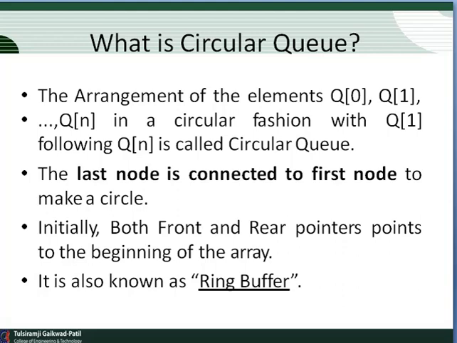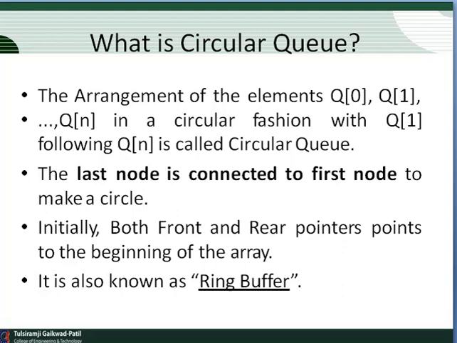In a normal queue, we can insert elements until the queue becomes full. But once the queue becomes full, we cannot insert the next element, even if there is space in front of the queue.